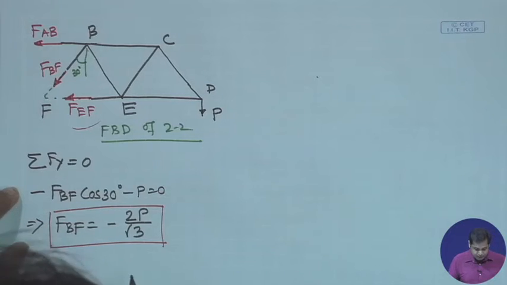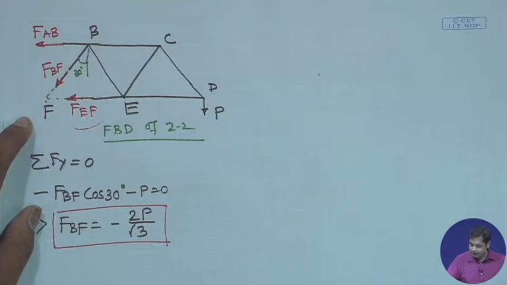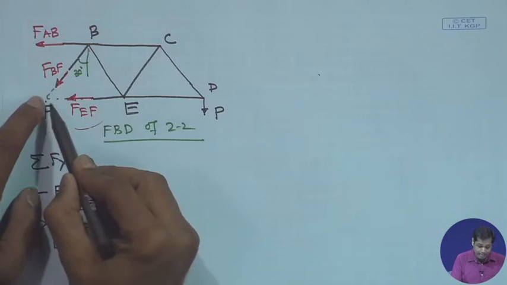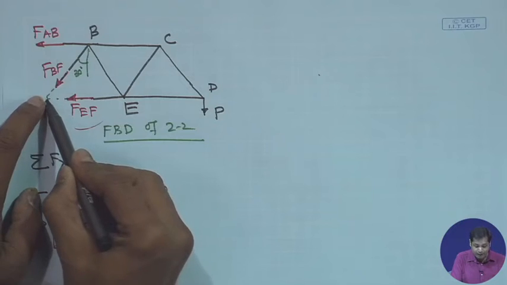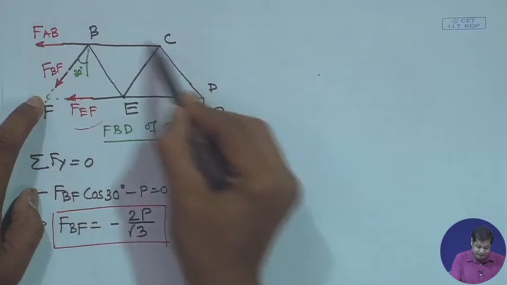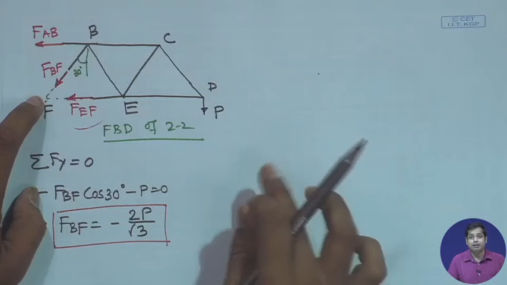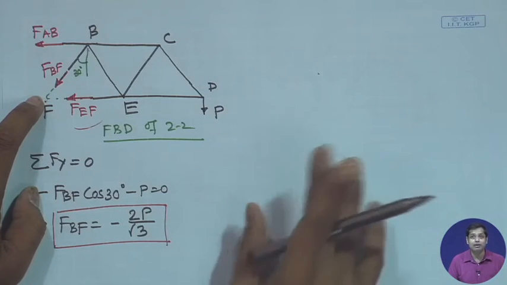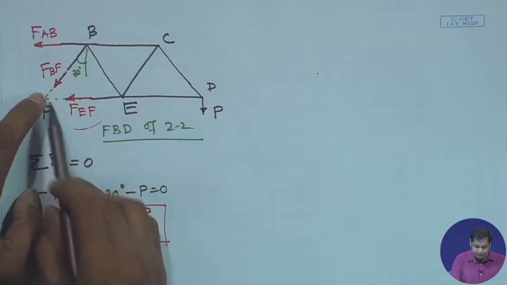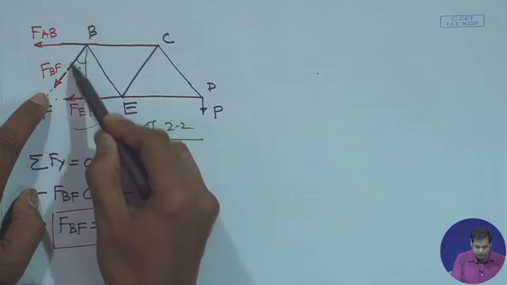Now, AB needs to be determined. If you take moment about F, point F does not belong to this part of the structure, but when we say summation of moment is equal to 0, it means the moment taken about any point is equal to 0, right. Now, if we take moment about point F, the advantage is that FBF and FEF will pass through this point, so they will not contribute.